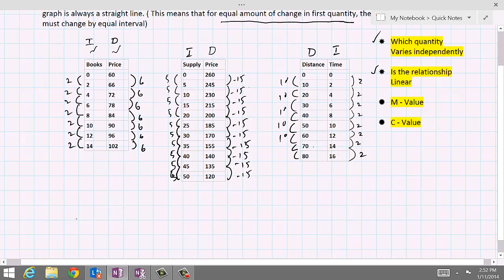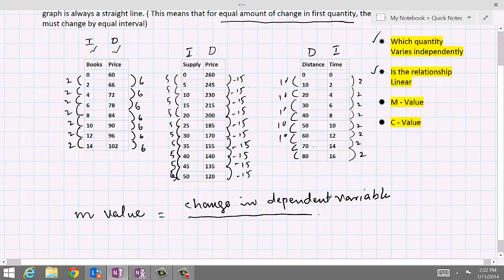For the m values, the m value is equal to the change in the dependent variable divided by the change in the independent variable.